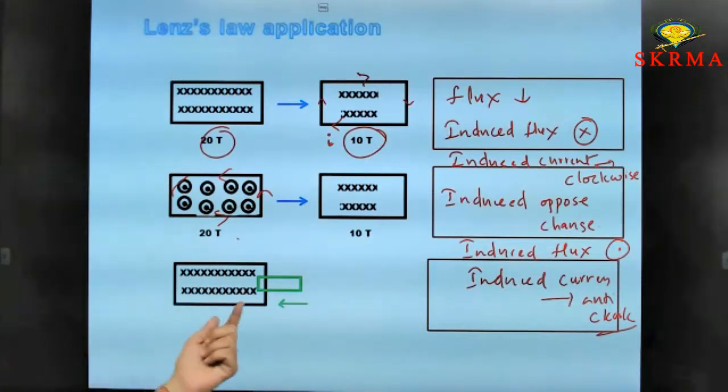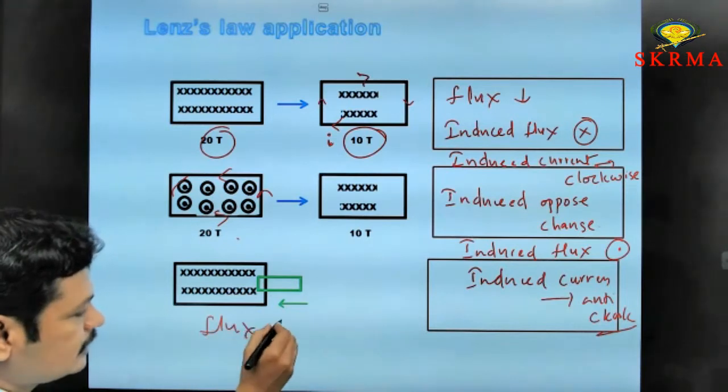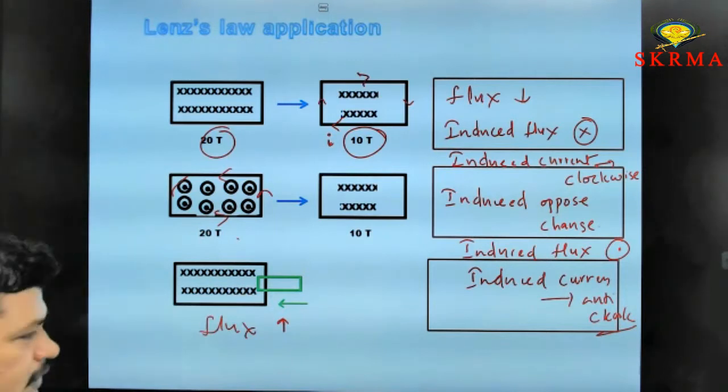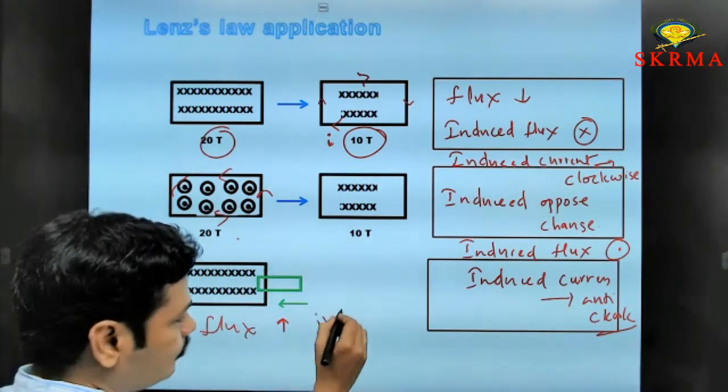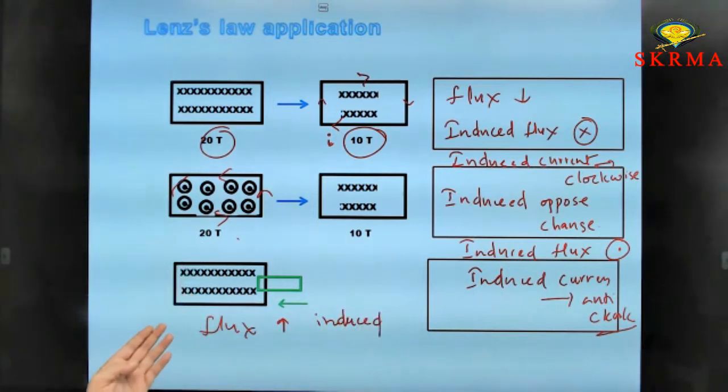If you observe this one, a rectangular plate is moving towards the field. Whenever it is moving towards the field, the flux obviously increases, right? In which direction does the induced flux act? The induced flux tries to decrease the flux, remember.